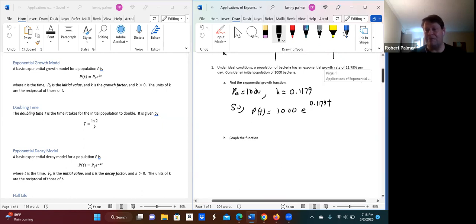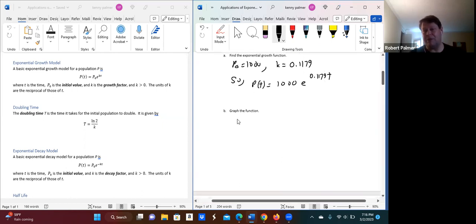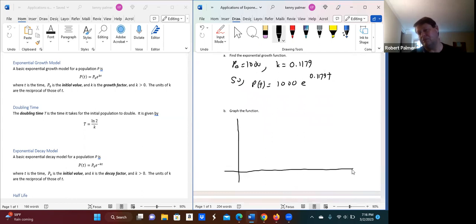Next thing it says we want to graph the function. So we'll do a basic graph here. We'll also do one on Desmos. Here's time. Here is population. Now, of course, when t is 0, remember e to the 0 is 1.